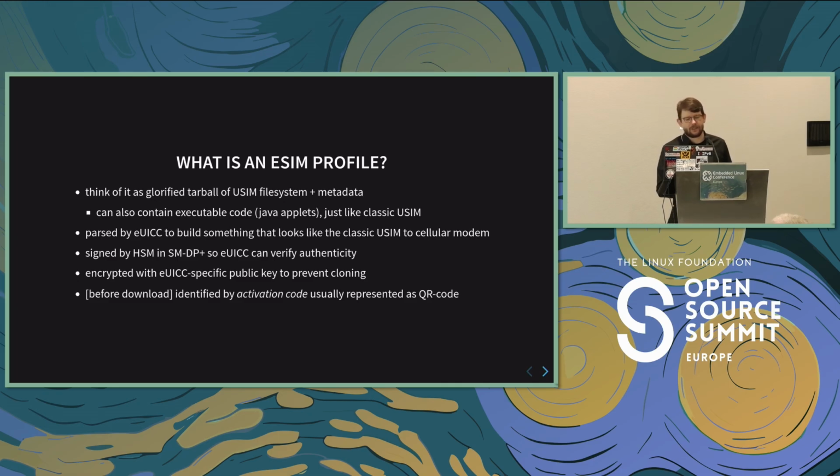Just like in the classic SIMs, isn't really relevant to us, just for your information. That eSIM profile is downloaded via the LPAe into the eUICC, into the chip, and there then it's parsed and it basically rebuilds the file system from that tarball. You can think of it that way. Of course, it's completely different data structures and so on.